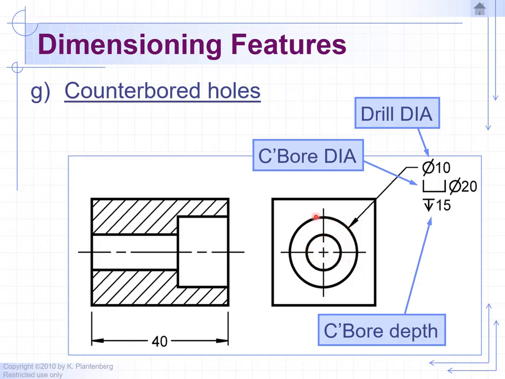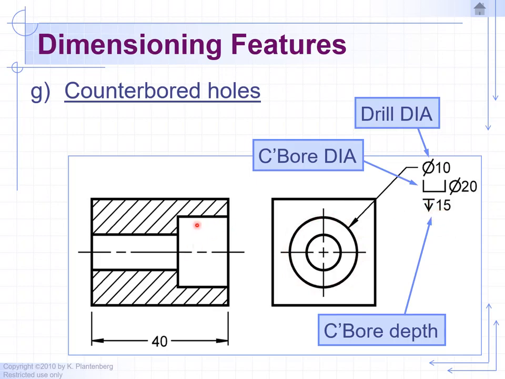Now, even though we're pointing to the large diameter hole, we first call out the small diameter. So here we have a diameter of 10 units. So that's for the small hole, followed by a counterbored hole, right? So now we have a diameter of 20 for the large circle, the larger hole, with a depth of 15 units.